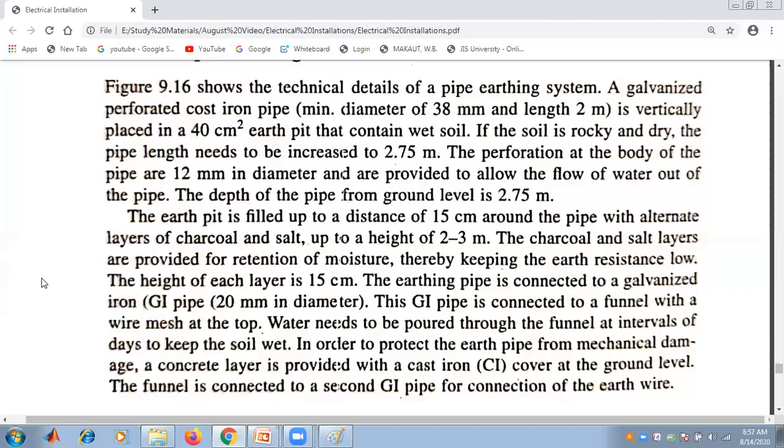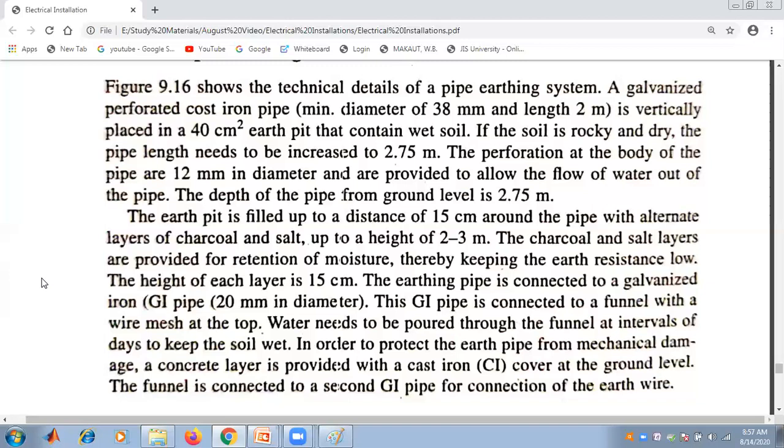Again, followed by some of the construction, the earth pit is filled up to a distance of 15 centimeter around the pipe with alternate layers of charcoal and salt up to a height of 2 to 3 meter.